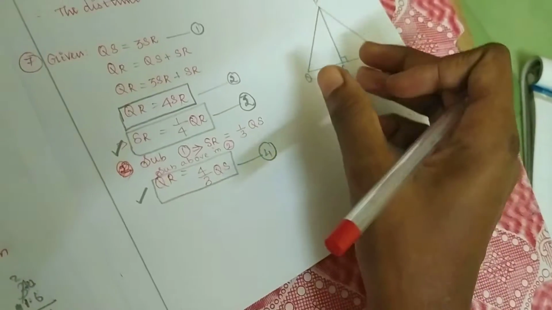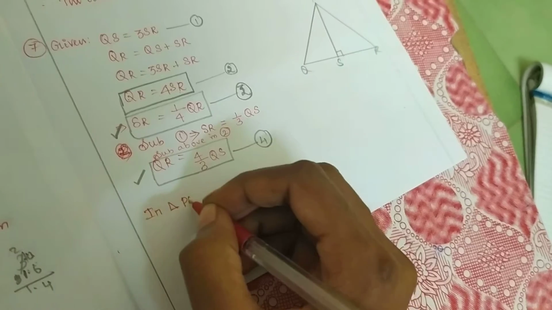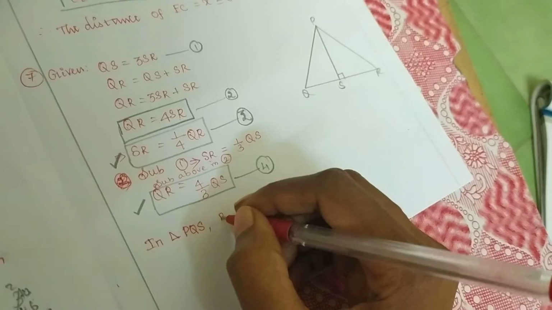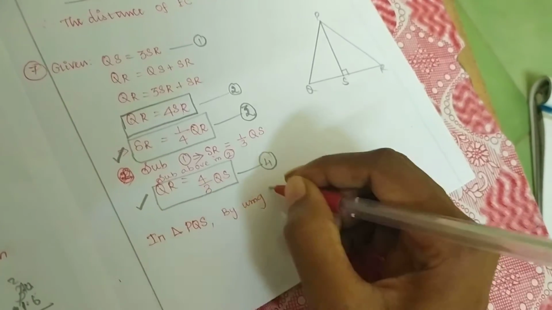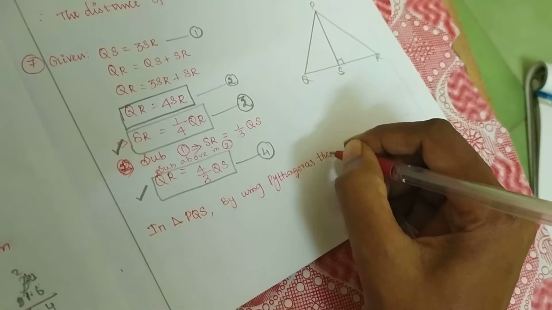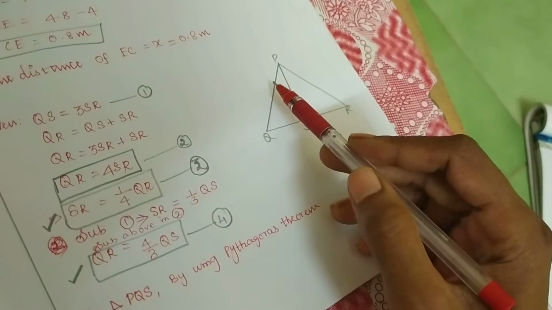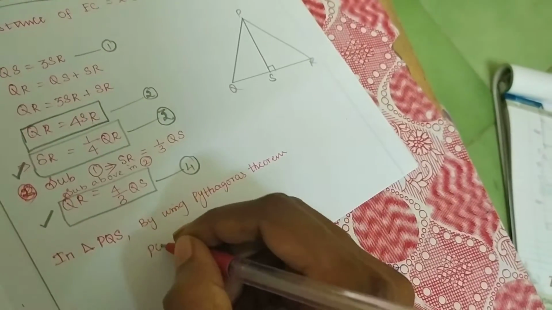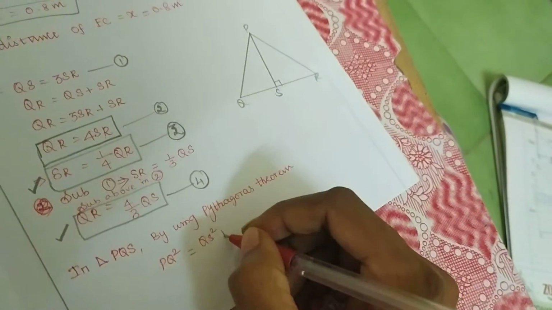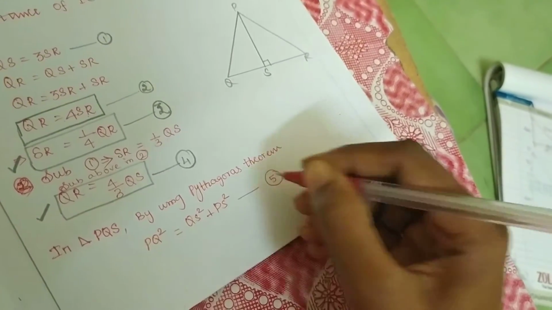Now I am taking these two triangles. In triangle PQS, I can use the Pythagoras theorem. The hypotenuse is PQ, so PQ square equals QS square plus PS square. This is the fifth equation.